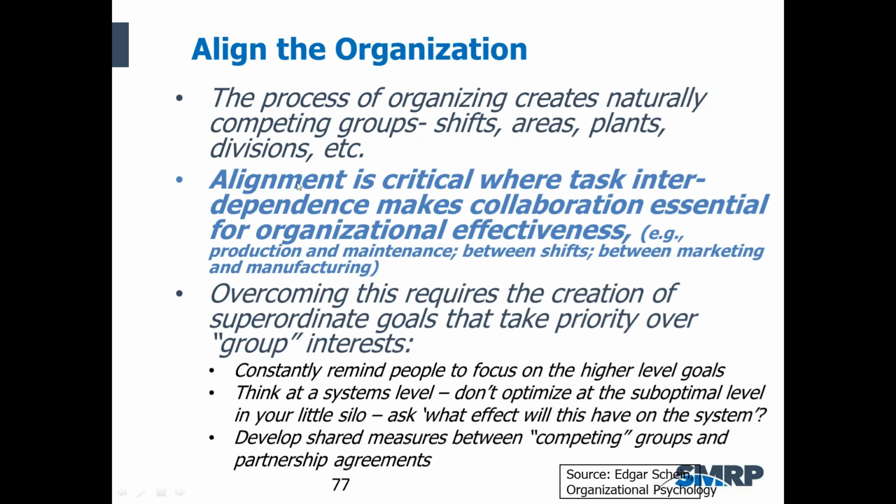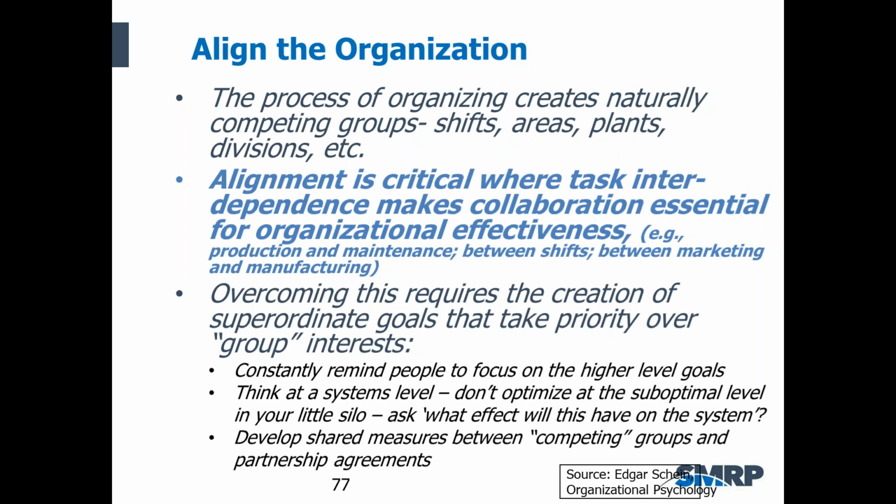And what he says is alignment is critical where task interdependence makes collaboration essential for organizational effectiveness. Let's read that again. Alignment is critical where task interdependence makes collaboration essential for organizational effectiveness.